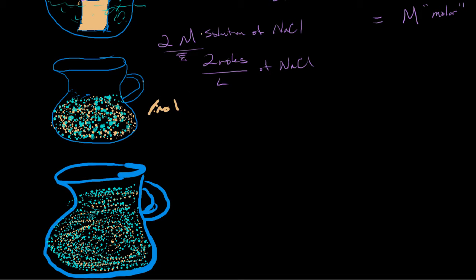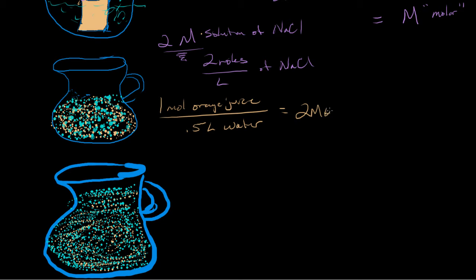If the top one was 1 mole of orange juice in, say, half a liter, this would be 1 divided by 0.5. This would wind up being our 2 molar orange juice.